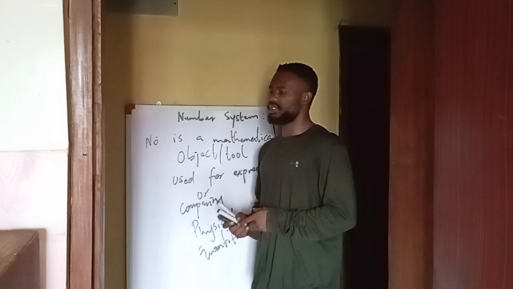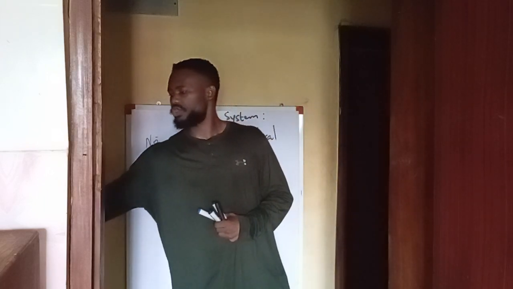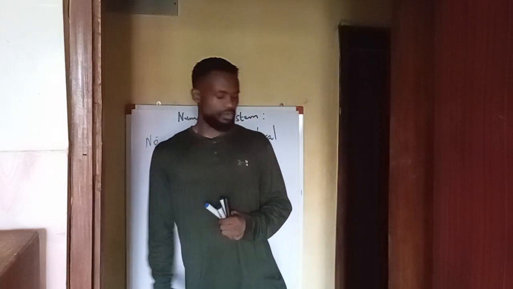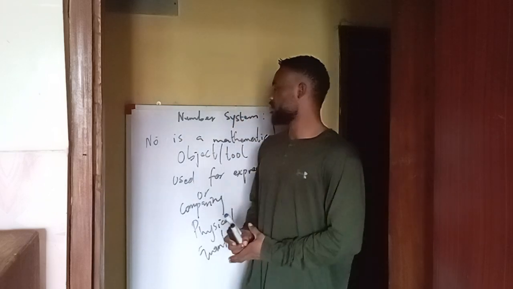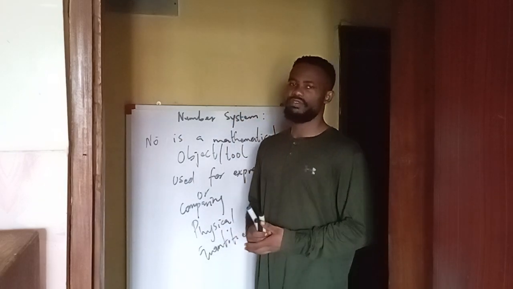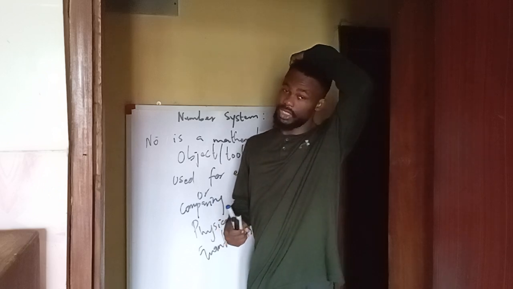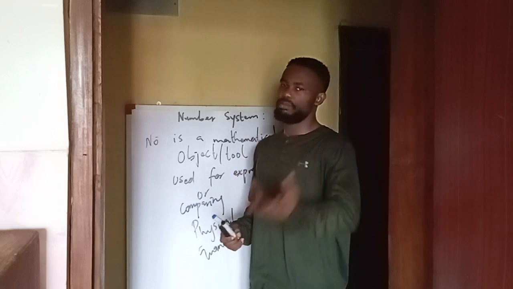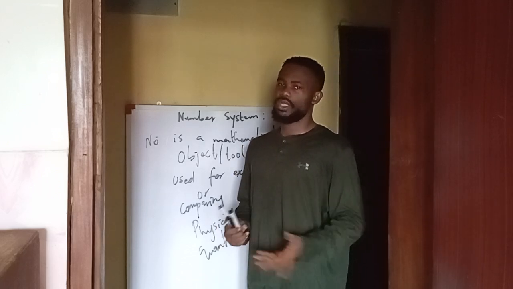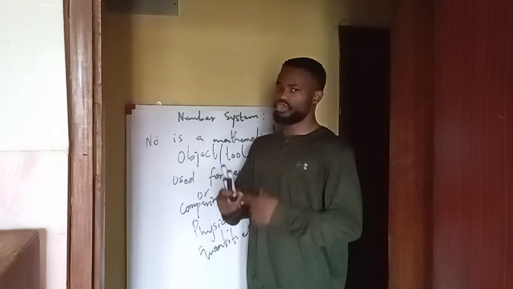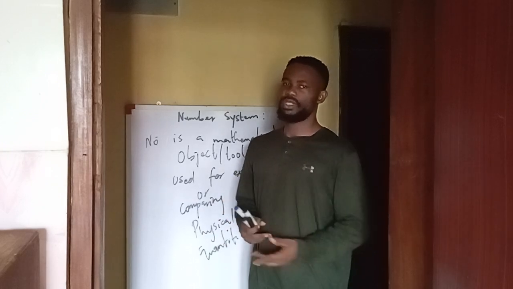So the idea of what number is gives us an account of what happened before number was discovered. Years before now, when they wanted to talk about numbers, some persons might count by saying 1, 2 and many. Some will do 1, 2, 3 and many, or they use strokes to indicate the number of what they have.